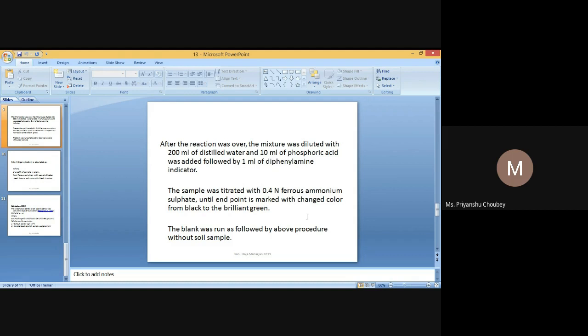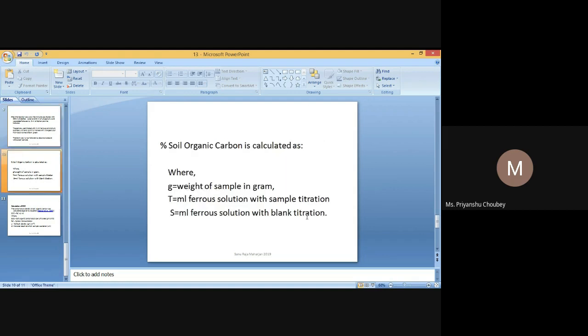In the former, faces are flat and the edges and corners are sharp, while in the latter, faces and edges are mainly rounded. The blocky structure is usually found in the B horizon and promotes good drainage, aeration, and root penetration.